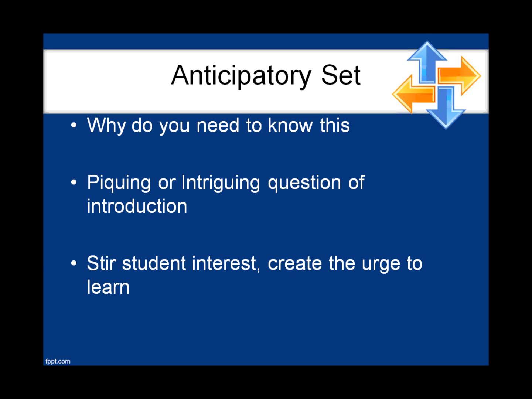We need to talk to students about why they need to know this, how that is affecting their life, how they will use it. Again, with the Common Core: what do you know, and what can you do with what you know? Also in the anticipatory set, many times is a piquing statement, which is an intriguing question or statement to introduce new learning, something that stirs student interest and creates a yearning or an urge to learn more.